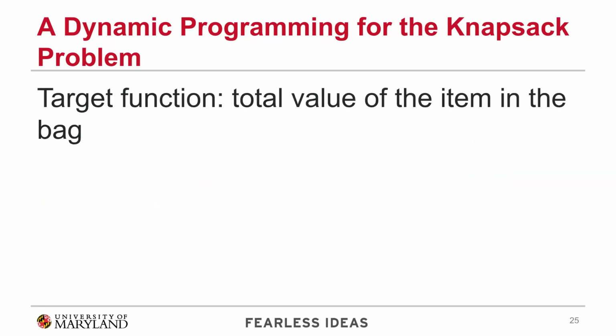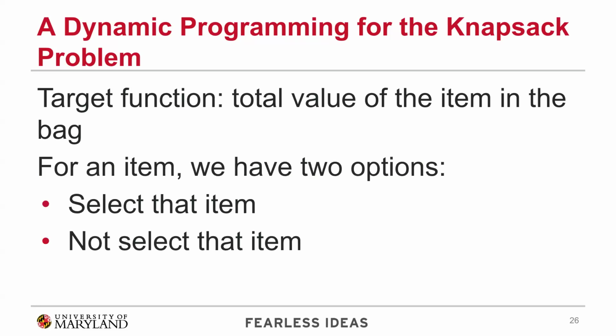We try to design a target function, meaning our target function is the total value of the items in the bag. We try to maximize this function, but we have to strictly follow the rule of not exceeding the bag's capacity.